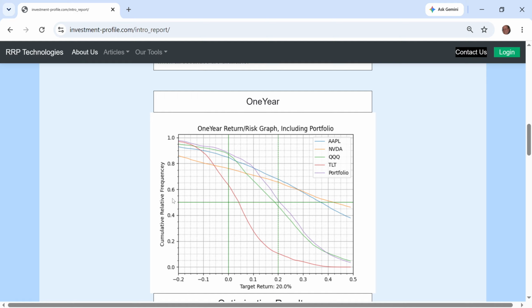And that happens at, well, here it's called cumulative relative frequency, but that's really the probability. It's the probability of 50%. So that means the portfolio will achieve this 20% return over 1 year with a probability of 50%.